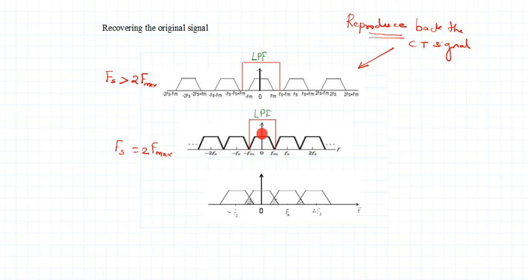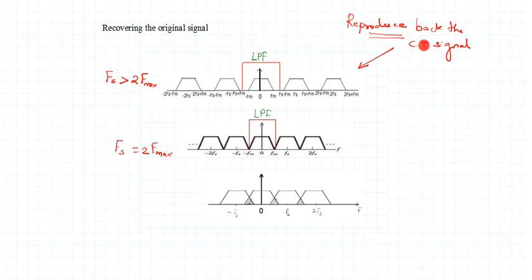So in the second case also, by placing the low pass filter as shown here, I can still get my original spectrum. Discarding the repetitions, I can get back the original spectrum of the CT signal. Once I get it, I'll apply the inverse Fourier transform to this, because this is in frequency domain, and transform it into time domain, getting my CT signal back.